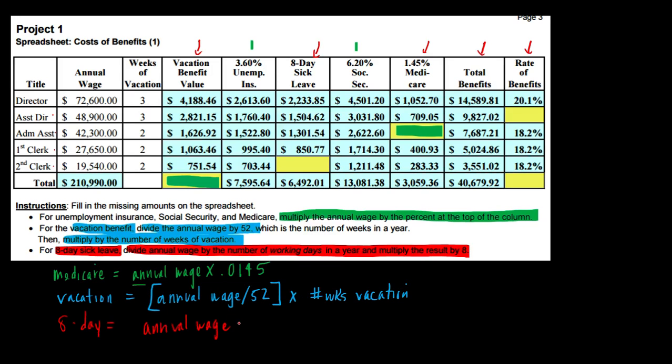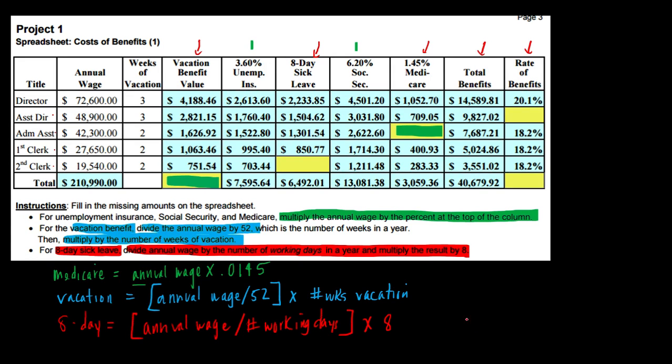We take that number and divide by the number of working days in a year. We do that first, and once we have that, we multiply the result by 8. Just as before, for vacation, we took annual wage and divided by 52 to figure out the weekly value of this person's wages. Now we're taking annual wage and dividing by the number of working days to figure out the daily value of this person's wages.